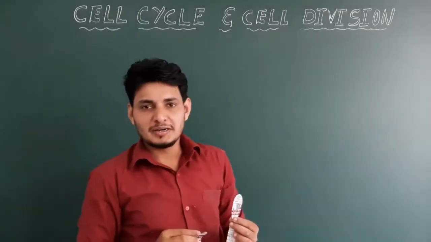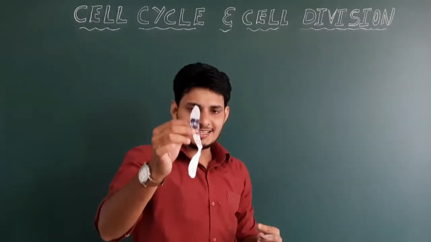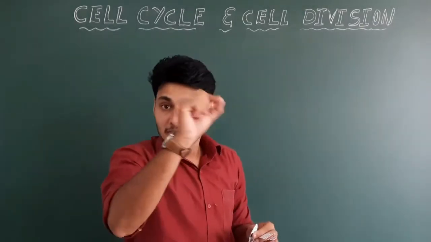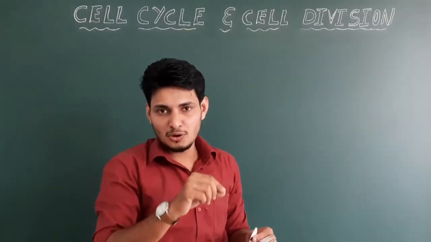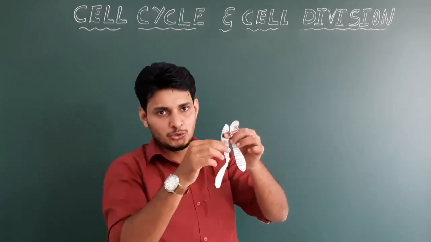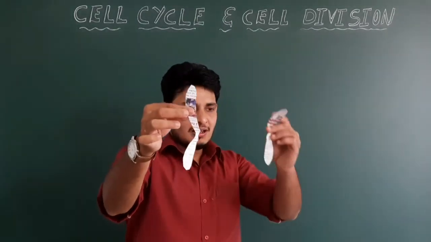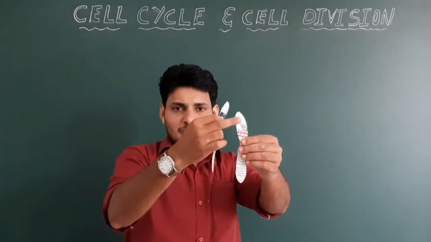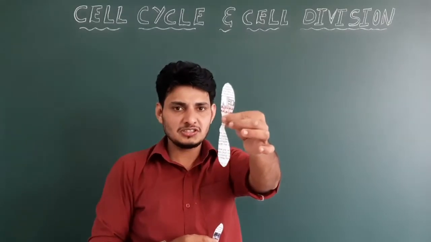Why sister chromatid? Simple. Whatever genetic information it has is in the form of sequences: adenine, guanine, cytosine, thymine, adenine, guanine, cytosine, thymine, adenine, like that. The sequence goes like this, I'll show you. That is present in this chromatid. Whatever sequence is present here, exactly in order, should be present in this one also.